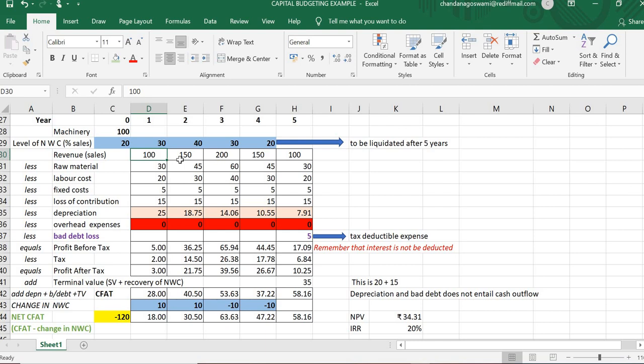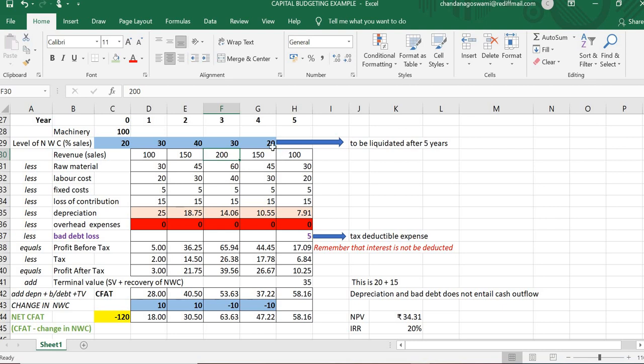Similarly, for 150 revenue in year 2, you must arrange working capital in the previous year, that is year 1. So 20% of 150 is this 30. Similarly, 20% of 200 is this 40. 20% of again 150 is 30 out here.